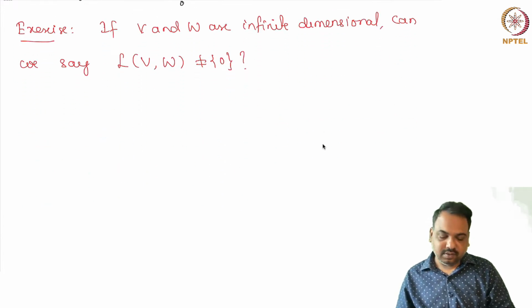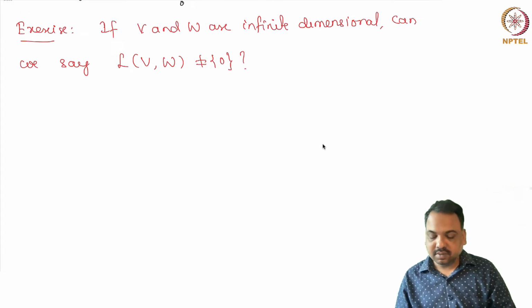That means you fix a non-zero vector x in V and fix a vector y in W which is non-zero. Can we find a linear map which sends x into y?